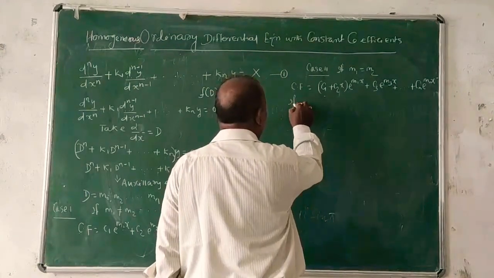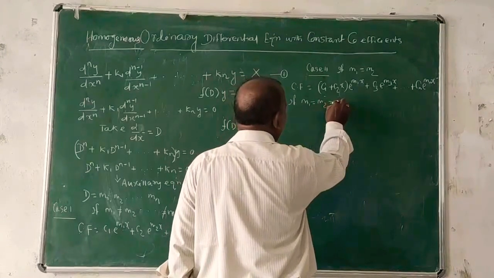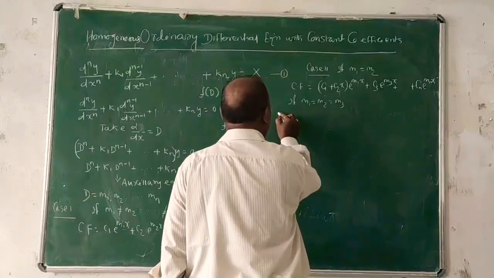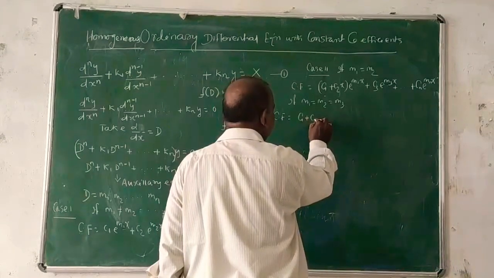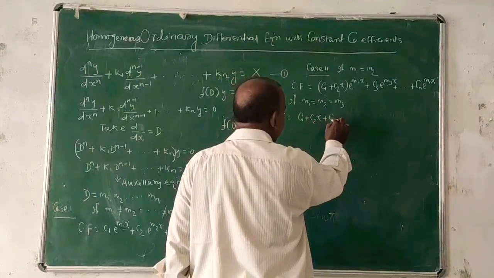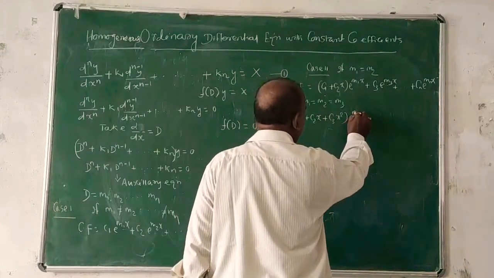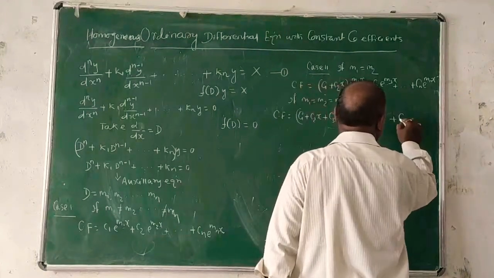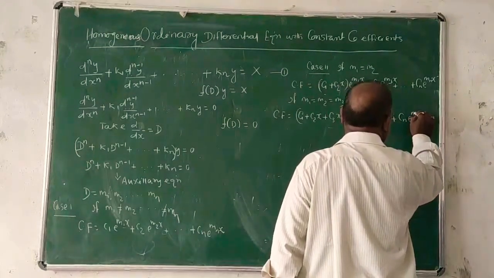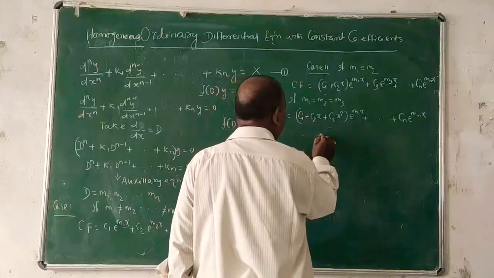Now let us think, if three roots are equal, m1 is equal to m2 is equal to m3, then you get the complementary function (C1 + C2x + C3x²) e^(m1x) up to Cn e^(mnx). In this way it will continue.